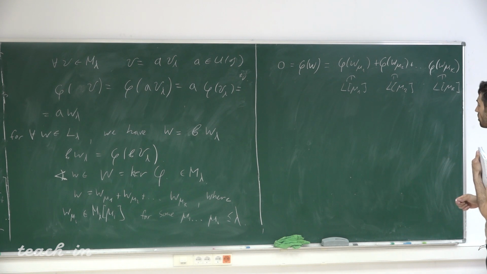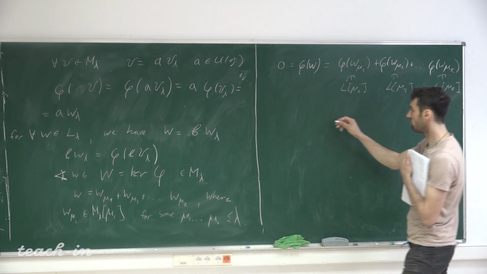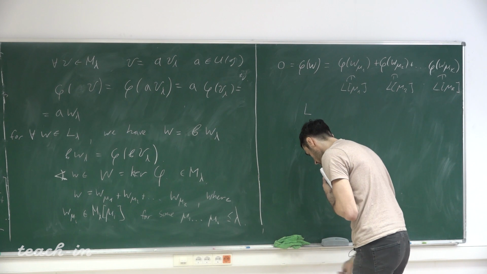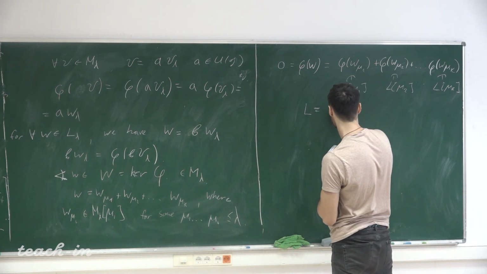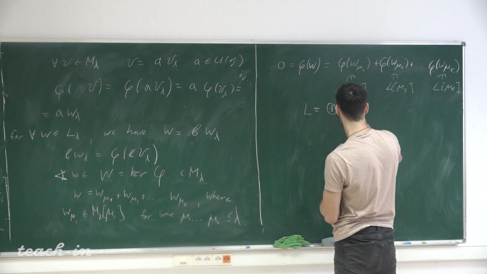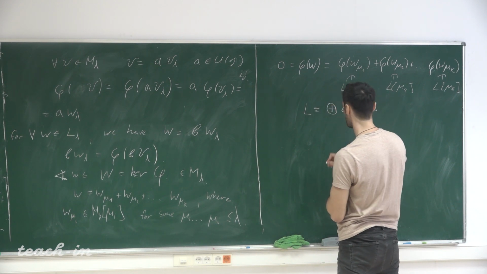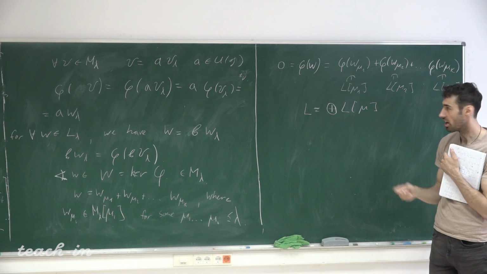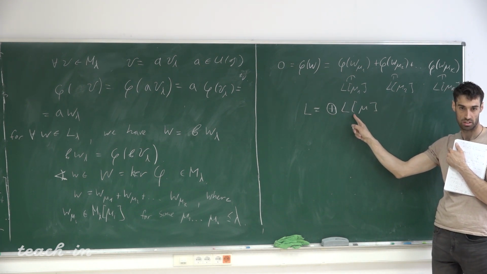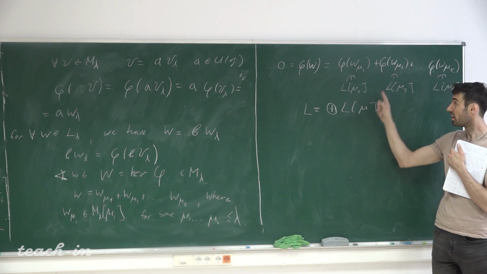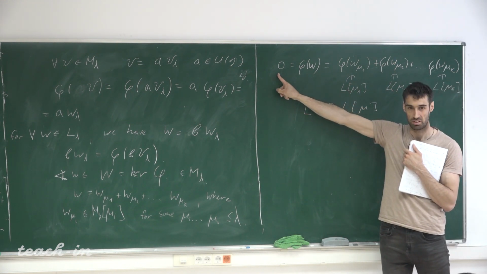Right? So, but we know that L decomposes as a direct sum of L mu's, right? And each element here is from a different summand, and this sum is 0.